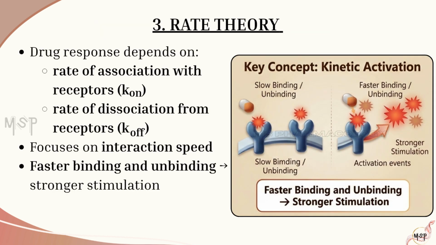Next comes the rate theory. Unlike the occupancy theory, rate theory proposes that the response to a drug does not depend simply on how many receptors are occupied. Instead, it suggests that the effect depends on how quickly the drug binds to and leaves the receptor. In other words, the response is related to the rates of association and dissociation between the drug and receptor.